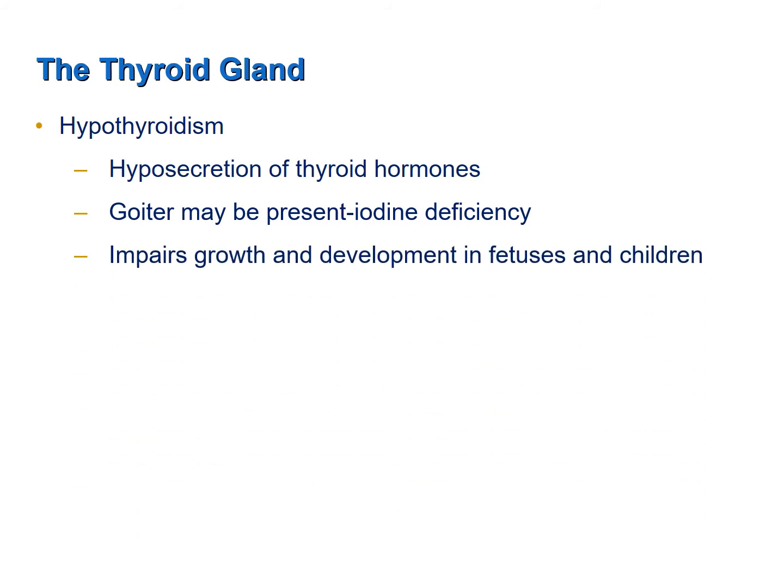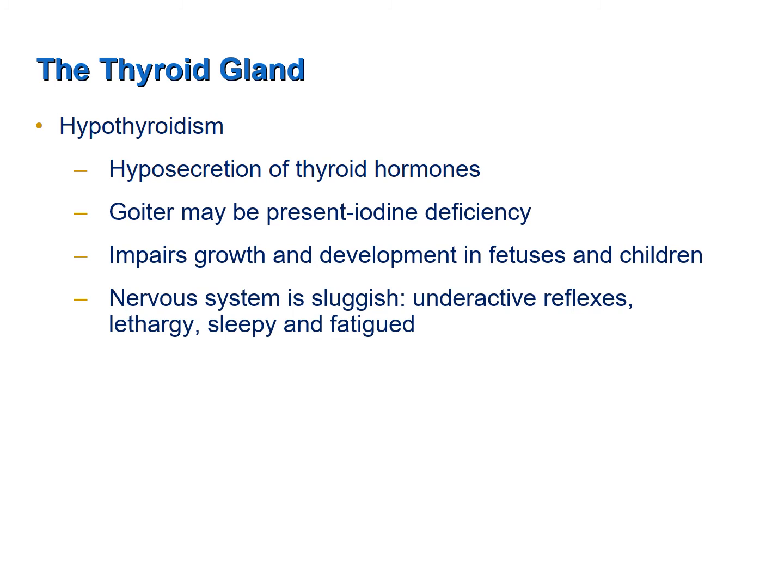Because thyroid hormones are required for the normal growth and development of tissues and organs of the body, hypothyroidism can impair growth and development not only in a fetus but also in young children, since young children are growing and developing quickly.